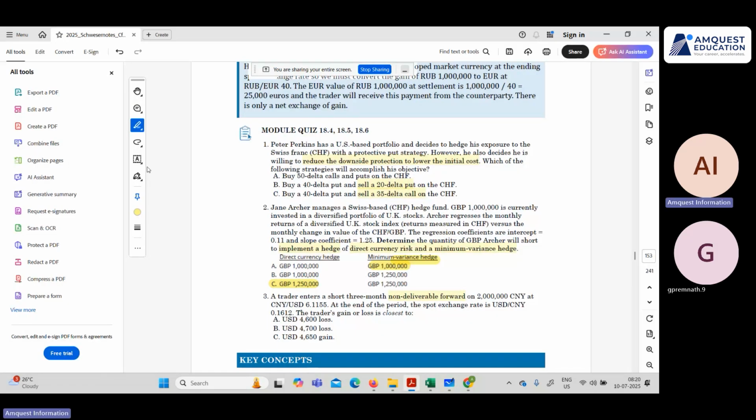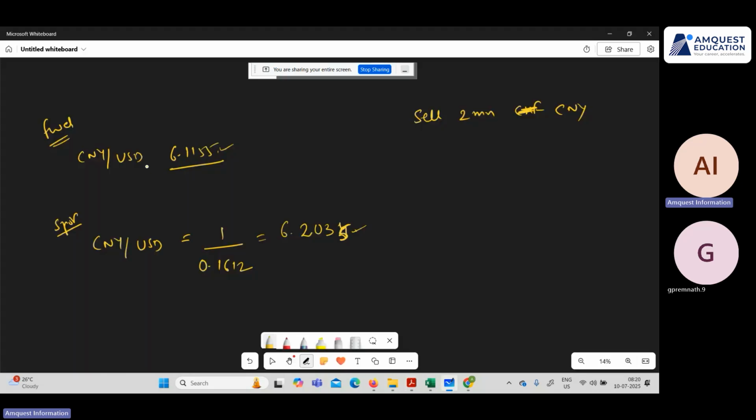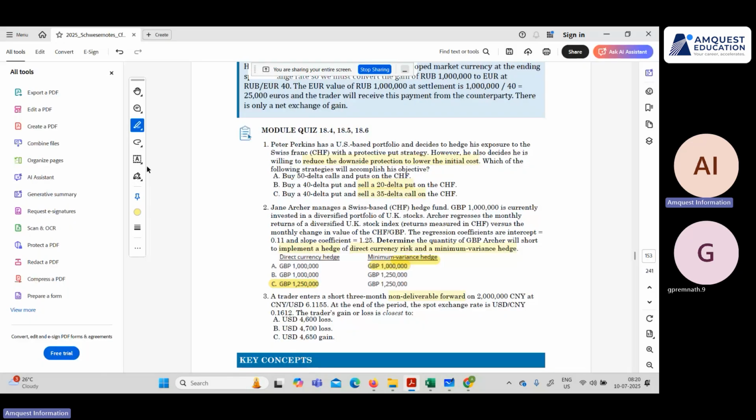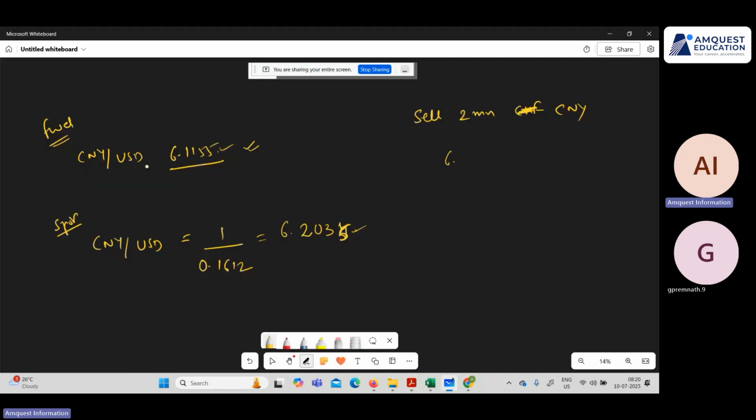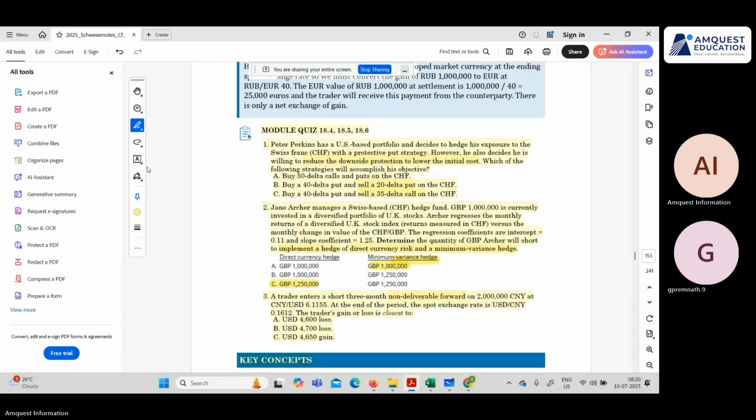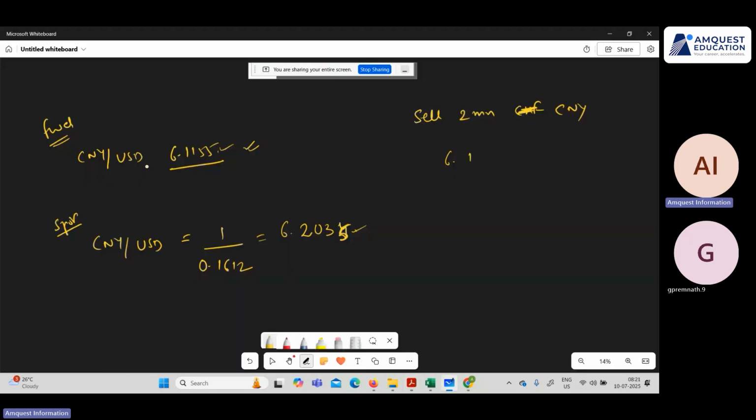All right. So the trader's gain or loss is... You did that part right, where you said that as per this, how much this was going to be. Can I say that 6.1155 CNY is basically 1 USD?